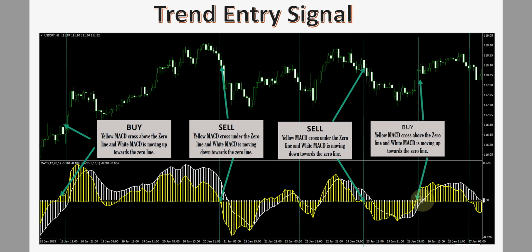And finally, we have a buy here because yellow has crossed above the zero line and the white is pointing in the same direction. Note that we have a few other signals that we didn't show here because of space on this screen. There's a signal here, there's another signal here. So this is the trend entry signal. It is one of the reliable entry signals we will discuss today.